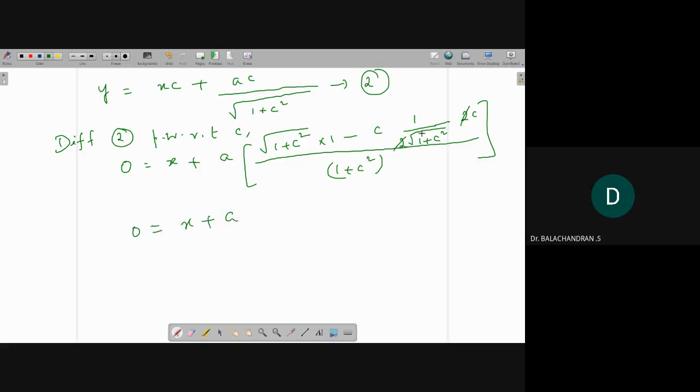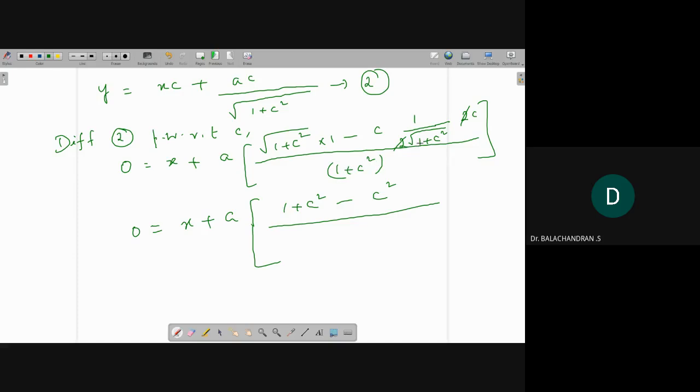If you take root of 1 plus c square LCM, in the numerator you'll get 1 plus c square, because root of 1 plus c square into root of 1 plus c square is 1 plus c square, minus c square, divided by, here you have already 1 plus c square.